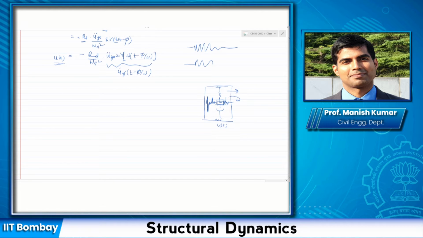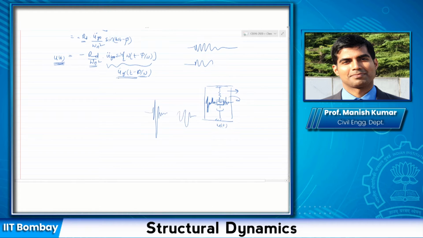However, from this I see that if I can somehow measure this displacement, my acceleration would be the same, provided this factor is independent of the applied frequency and this factor is also independent of the applied frequency. Then it does not matter whether I apply a high frequency load or a very slow load.